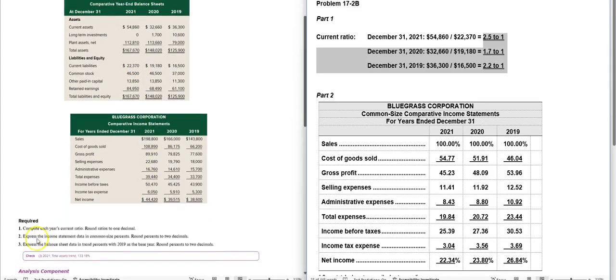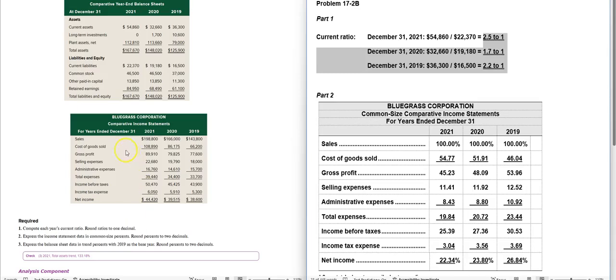Another way we can do it is to do vertical analysis, which is sometimes called common size analysis. In vertical analysis, we are comparing line items on a financial statement to one another within a year, so we're going vertically up and down within that same year. What they're asking us to do is, for the income statement, do a common size or vertical analysis.